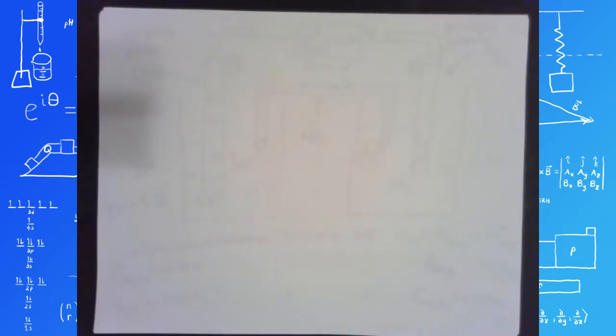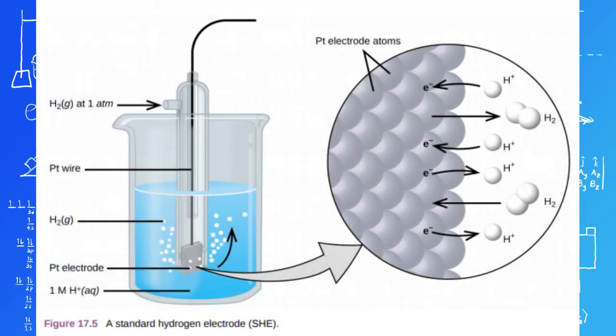And in the case of voltaic cells, the half cell that we designate as zero, the one that we define as having a half cell potential of 0, is what's called the standard hydrogen electrode, or SHE. And here is an illustration of the standard hydrogen electrode, the SHE.